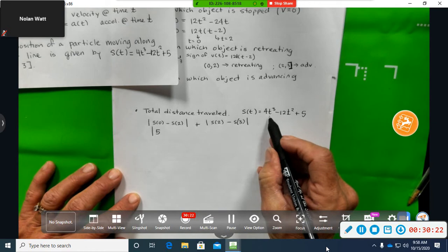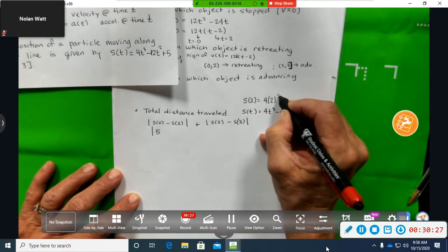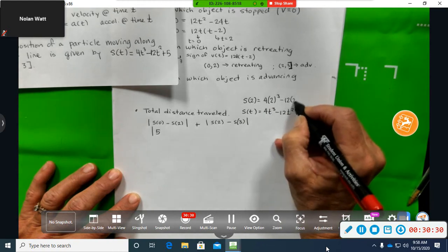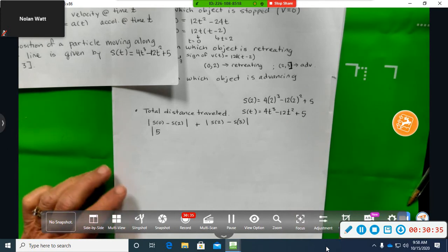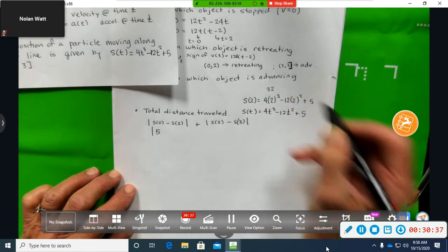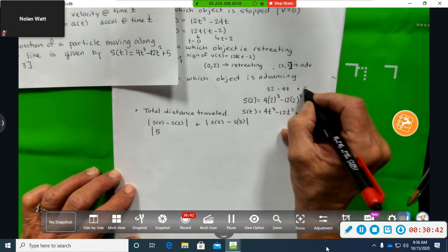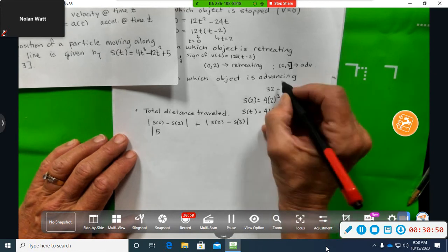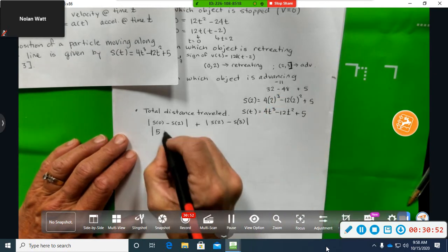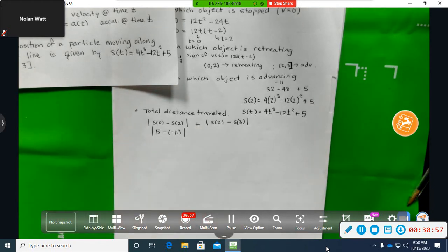When t is 2, I have 4 times 2 cubed minus 12 times 2 squared plus 5. 2 cubed is 8. 4 times 8 is 32. 4 times 12 gives me minus 48, and then plus 5. So the 32 plus 5 is 37. Minus 48 is a negative 11. Hopefully.